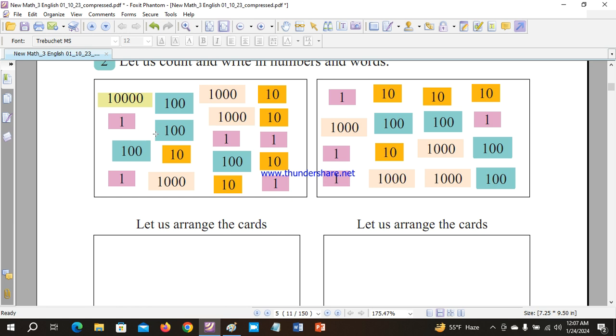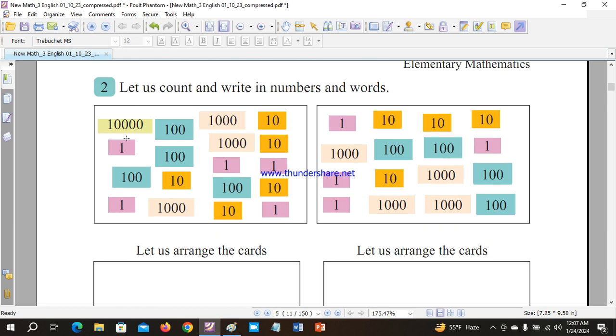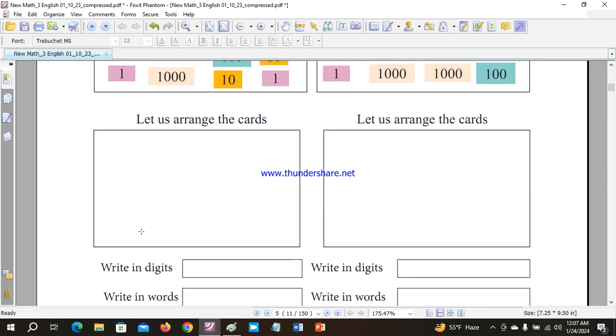Here look very carefully. 10,000s, I mean 1 Ojud. Count here only one 10,000, I mean 1 Ojud.